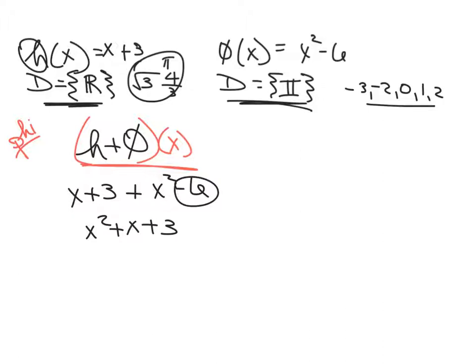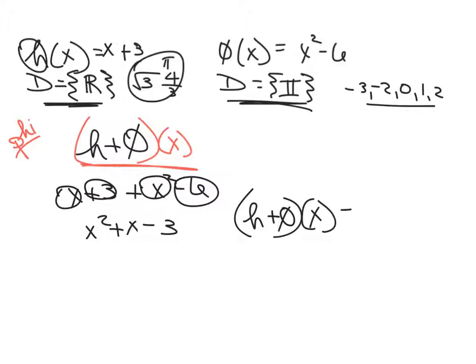I took negative 6 plus 3, that should be a negative 3. And there was nothing to add this x to. So my h plus phi of x is x squared plus x minus 3. Okay?